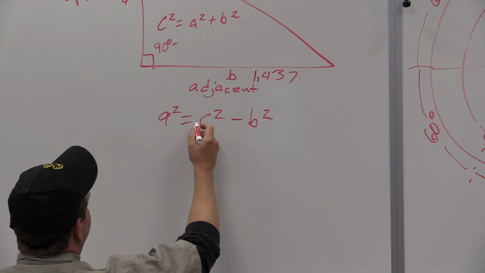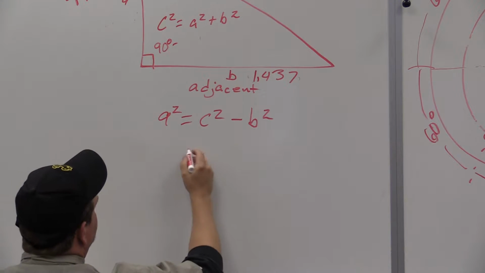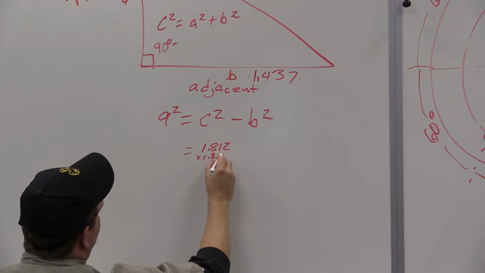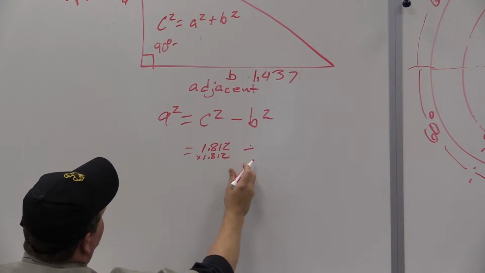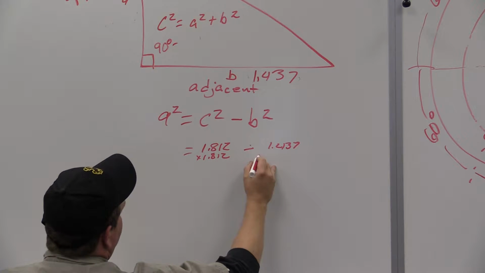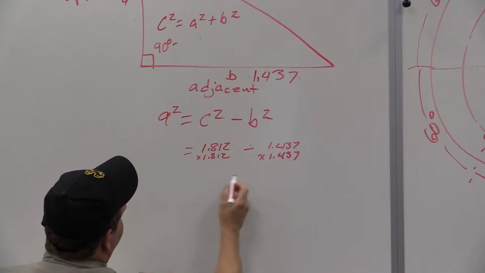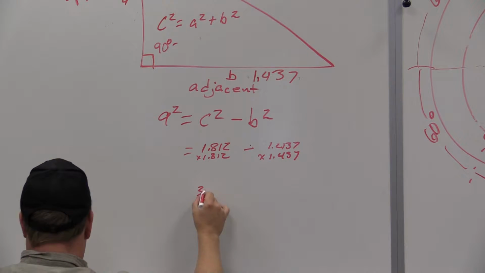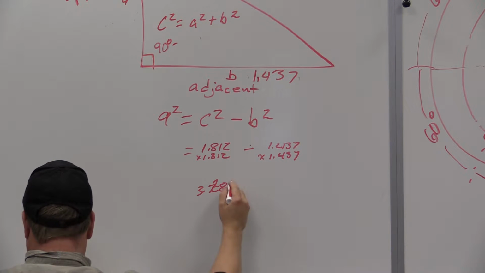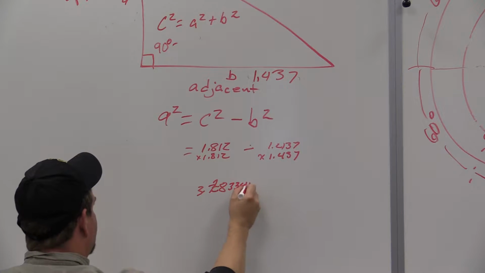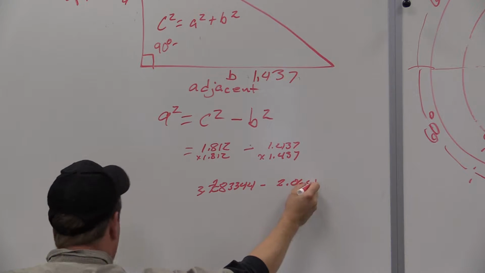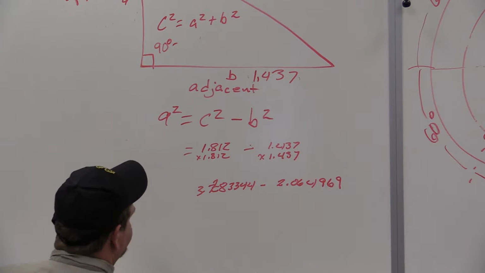So in this case, let's go through it real quick. So we have 1.812 multiplied by 1.812, subtraction of 1.437 multiplied by 1.437, we end up with 3.2283344 subtracted from 2.064969.